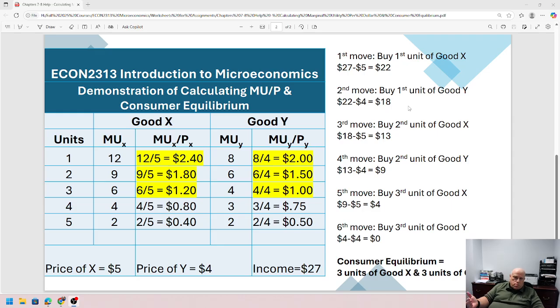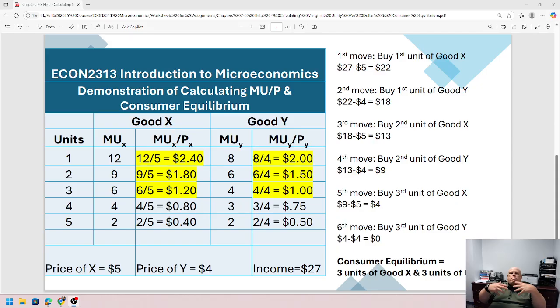Then the second move is going to be the one that has the highest marginal utility per dollar, which is the first unit of good Y. We wouldn't go to the second unit of good X yet, because the first unit of good Y gives us a $2 value, whereas the second unit of good X is only $1.80.